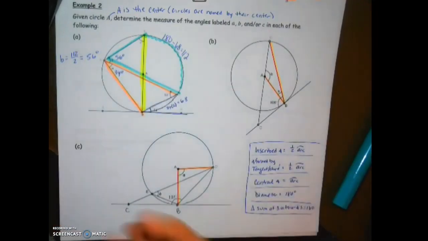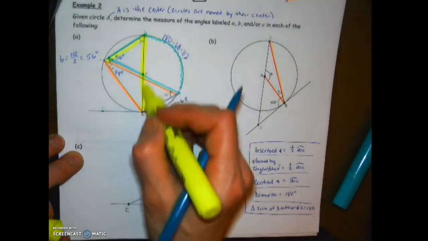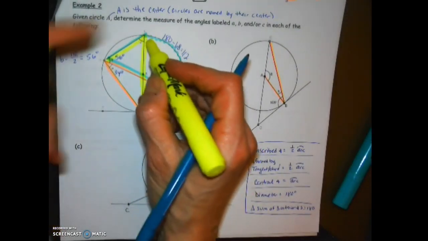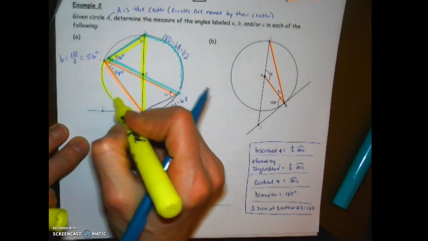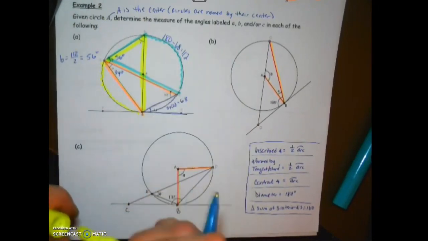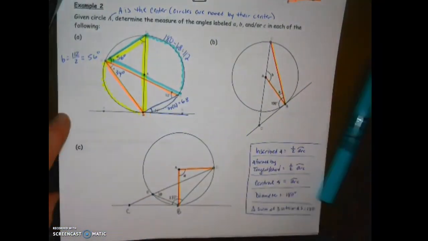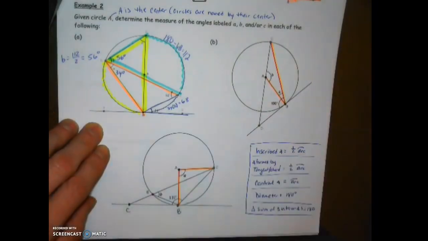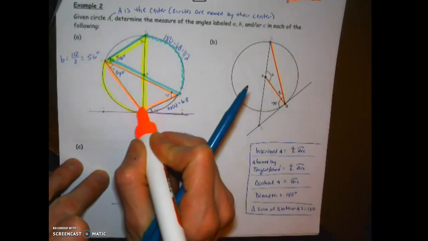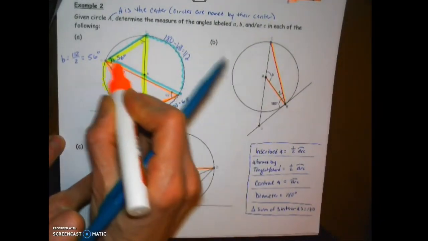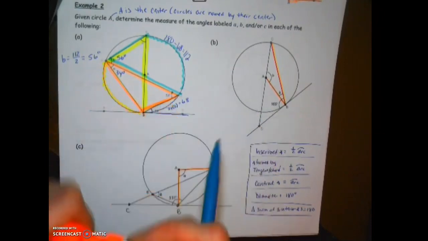And then the last thing they want us to find is the measure of angle C, which is another inscribed angle. Its vertex is on the circle and the two sides are chords. So it's going to be half its intercepted arc, which means angle C is going to be half of arc DB. Well, how am I going to get that? If I take a look here, they gave me this 52-degree angle, which happens to be another inscribed angle. So that inscribed angle is half of this intercepted arc.